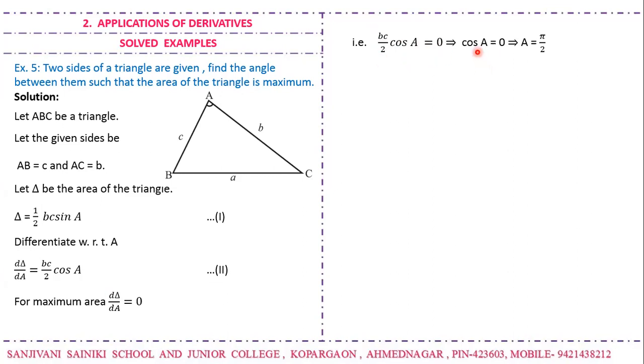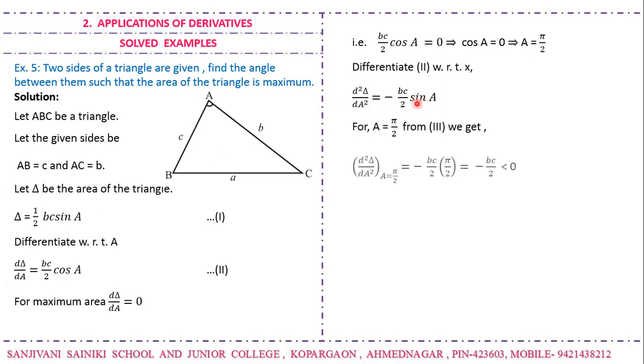Now cos A equal to 0 implies A must be equal to 90 degrees, because we know that cos 90 is 0. Now again differentiate, we get minus bc/2 times sin A. Now if you put A equal to pi by 2 in the second derivative, we can clearly see that the second derivative at this point is less than 0.